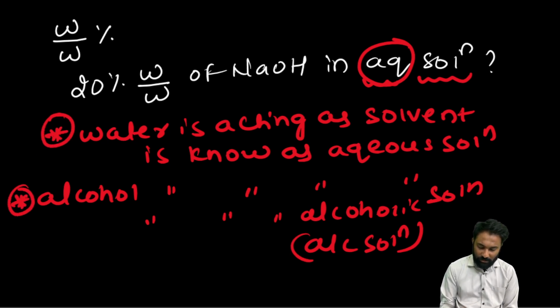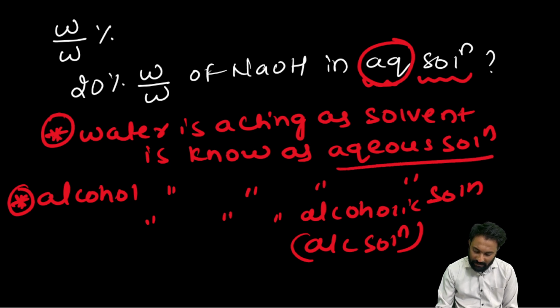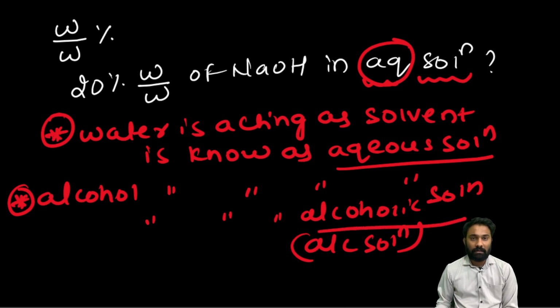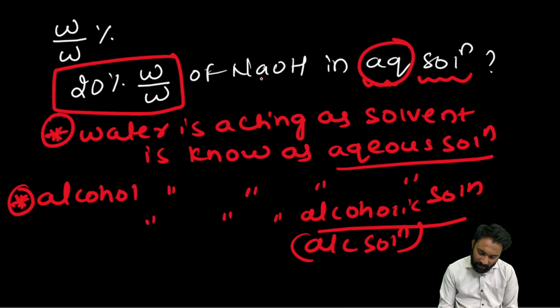If water is acting as a solvent, that is known as an aqueous solution. If alcohol is acting as a solvent, that is an alcoholic solution. Clear? Now, if they have given 20 weight by weight percentage of NaOH in aqueous solution, what does it mean?